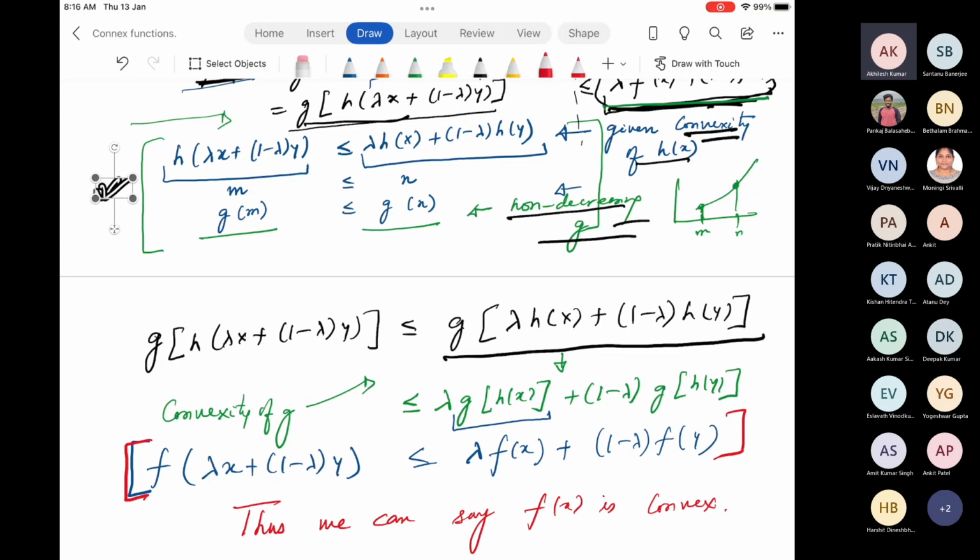In the study of optimization, non-linear programming or linear programming, many times we need to show that the function is convex. Then you can use these kinds of proofs to show that your function is convex, and then proceed and show that local optima is global optima. Definitely we'll discuss that later.